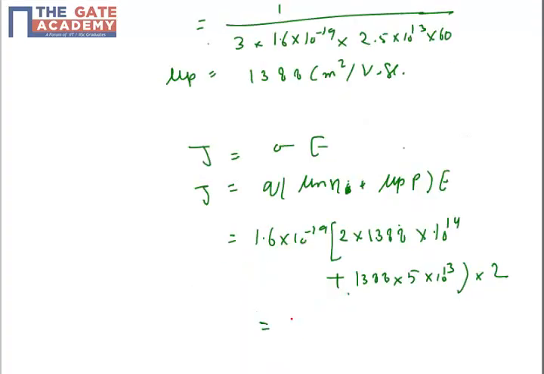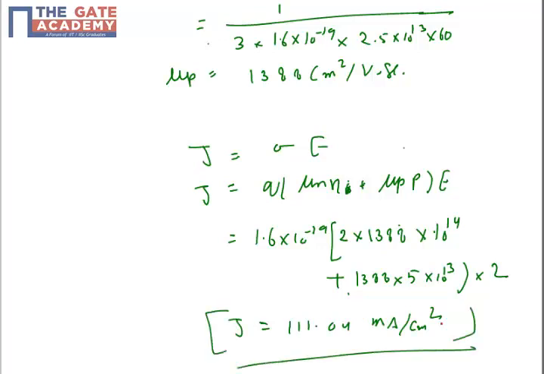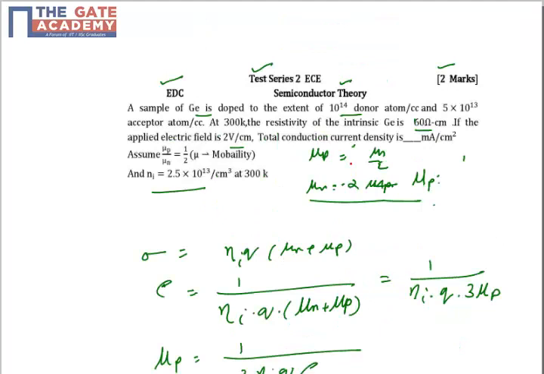So you will get the electric current density as 111.04 milliampere per centimeter square. Thank you.